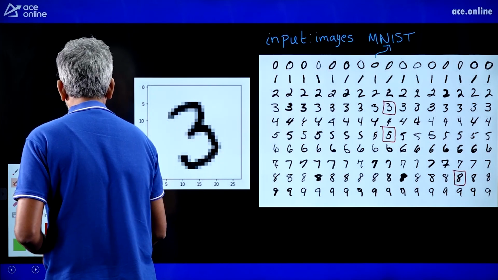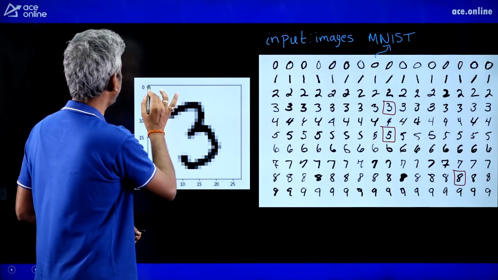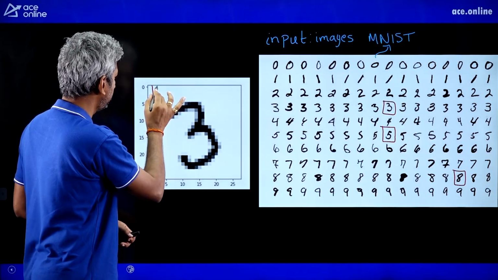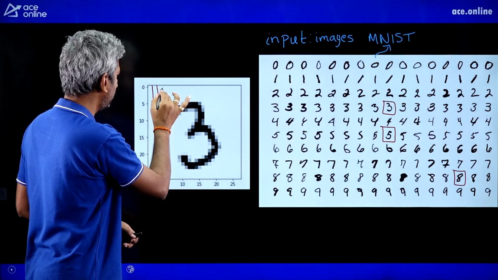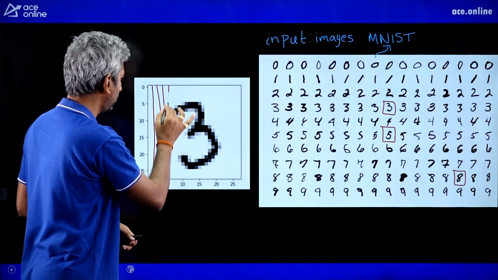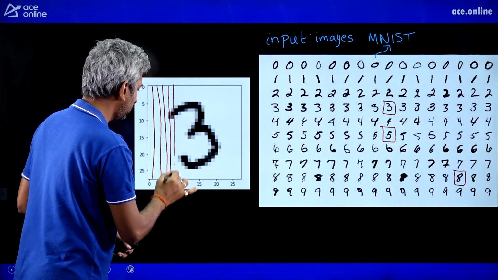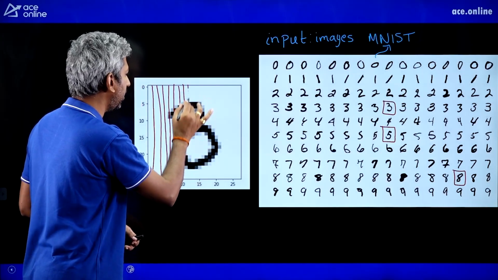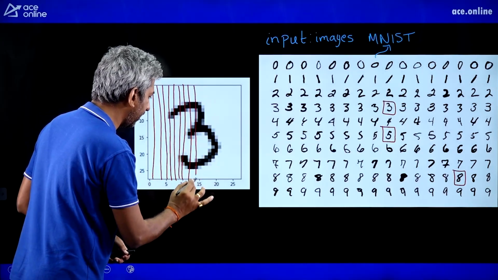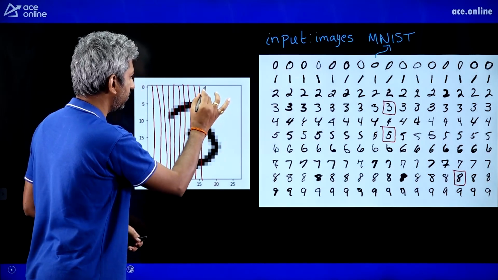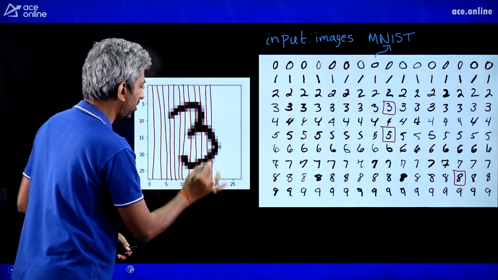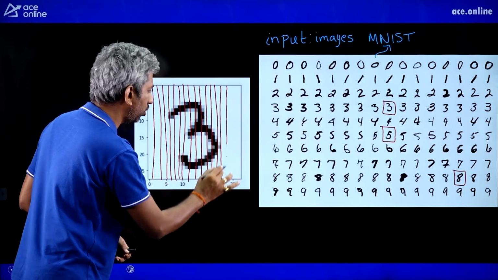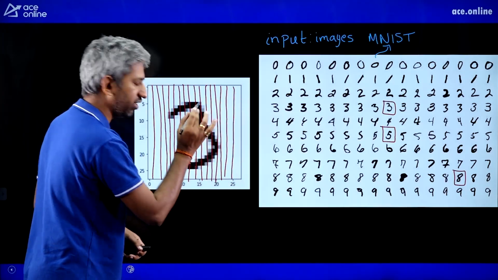So, what we can do here is, I am dividing the image into 30 equal portions vertically. Okay. Of course, it is not possible to draw 30 equal portions. It is a painful task. So just imagine it.